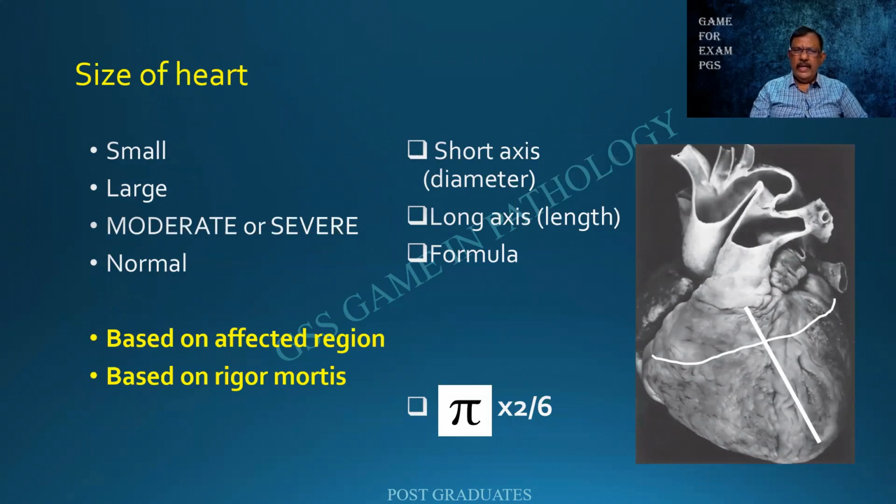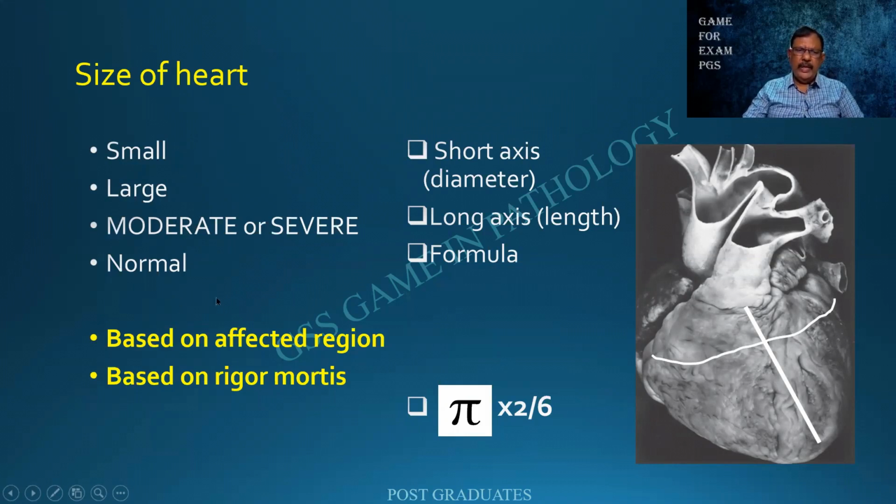Coming to the size of the heart, it can be a large heart, cardiomegaly. Different causes are there; we will be seeing it later. It can be a small heart, as in constrictive pericarditis or cardiac tamponade. All of this can be either moderate or severe. And finally, you have a normal heart also.